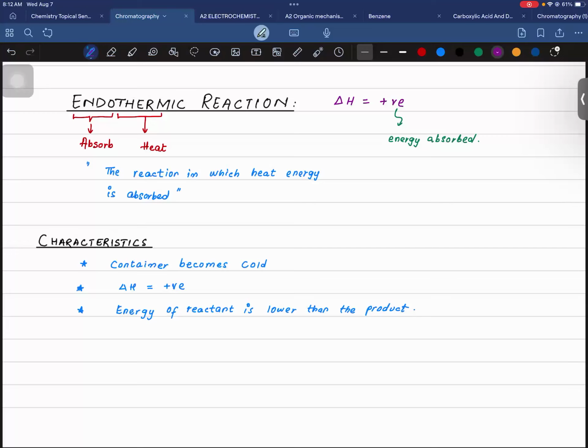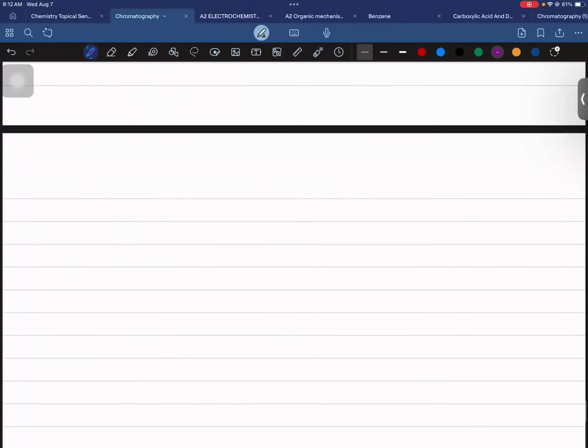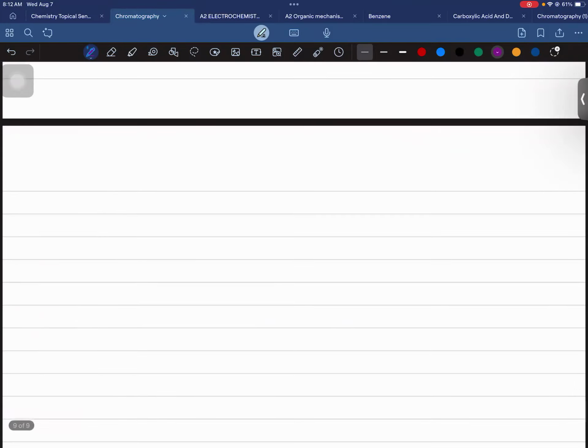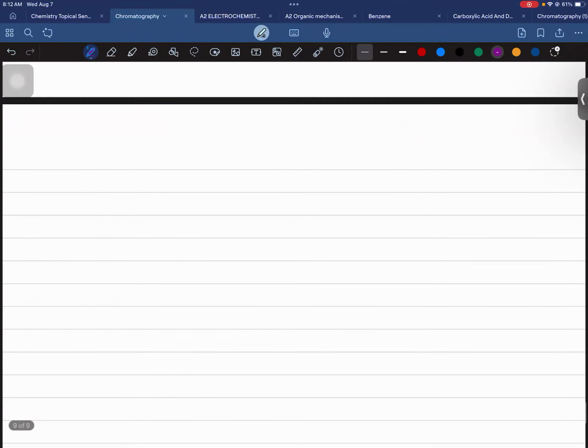So when we are going to make the energy profile diagram, you will get why I'm saying that the energy of the reactant is lower than the product. Basically, energy is absorbed. When something is absorbing energy, then when it forms the product, the substance would have a higher energy.